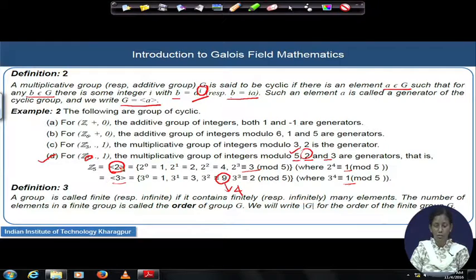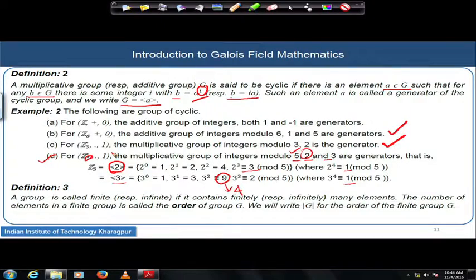Please do at home all the calculations with Z3 star, with Z6, where I have already given the generators. In the exam there will be a question like: given this kind of group, find your generator and check whether this group can be declared cyclic or not. If you do not find any generator to generate all the elements inside that group, it cannot be a cyclic group.